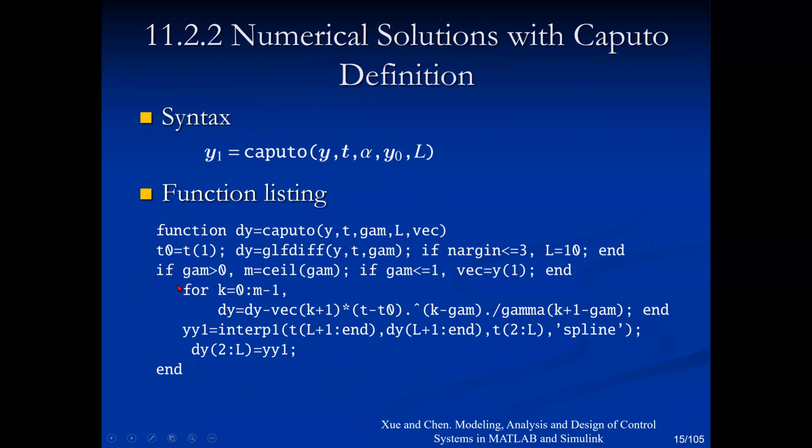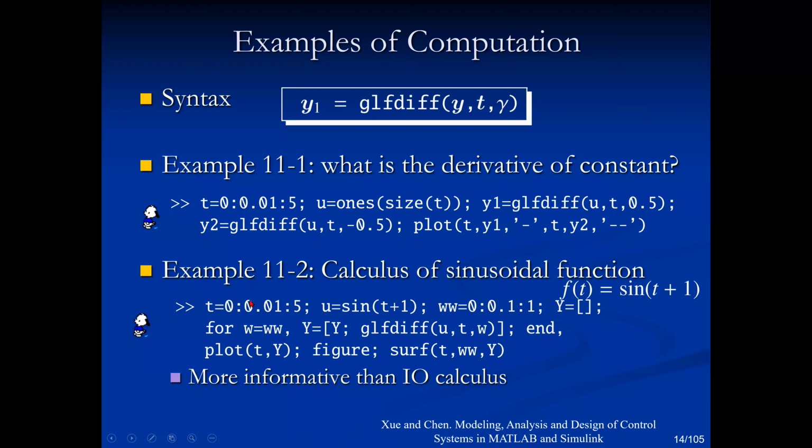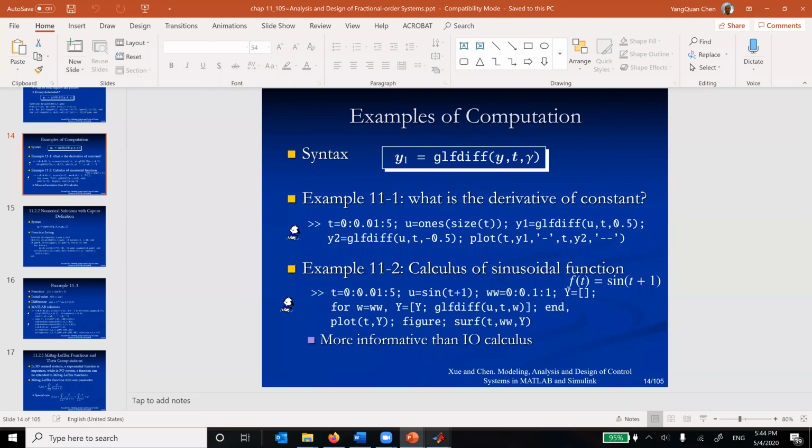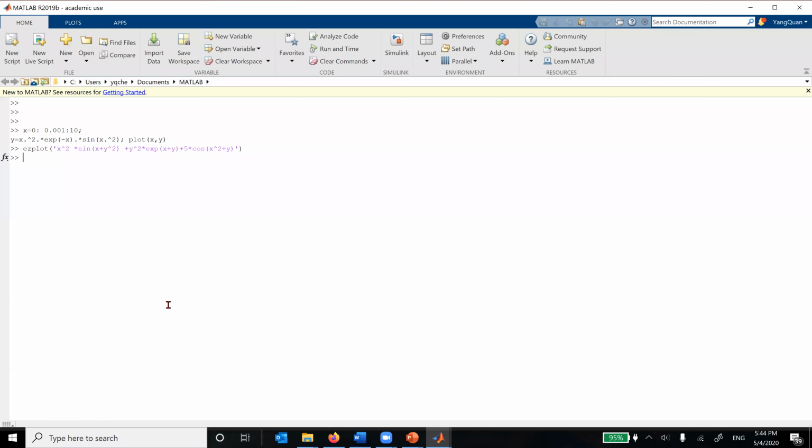It probably already worked, I didn't notice. So let's try the sine t with an order from 0 to 1 and a step. So you can see, very nice. Yeah, it's already in. Okay.